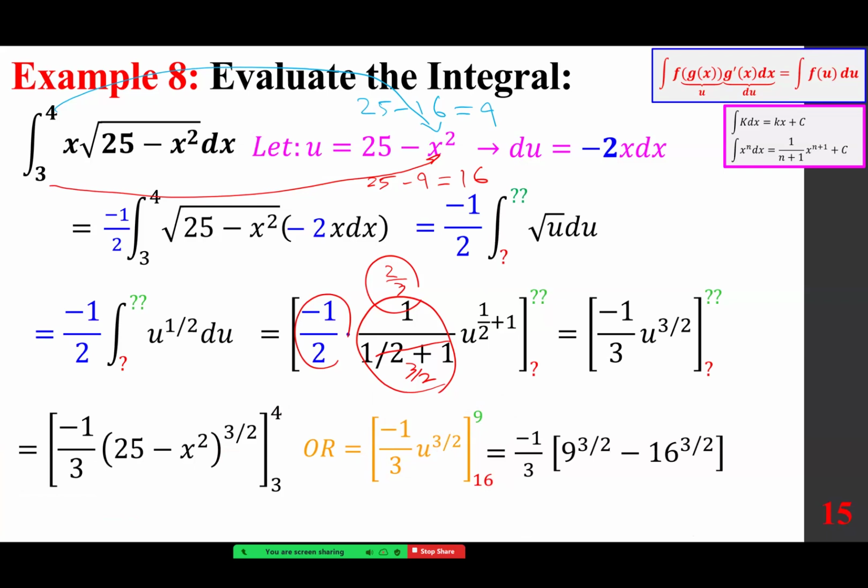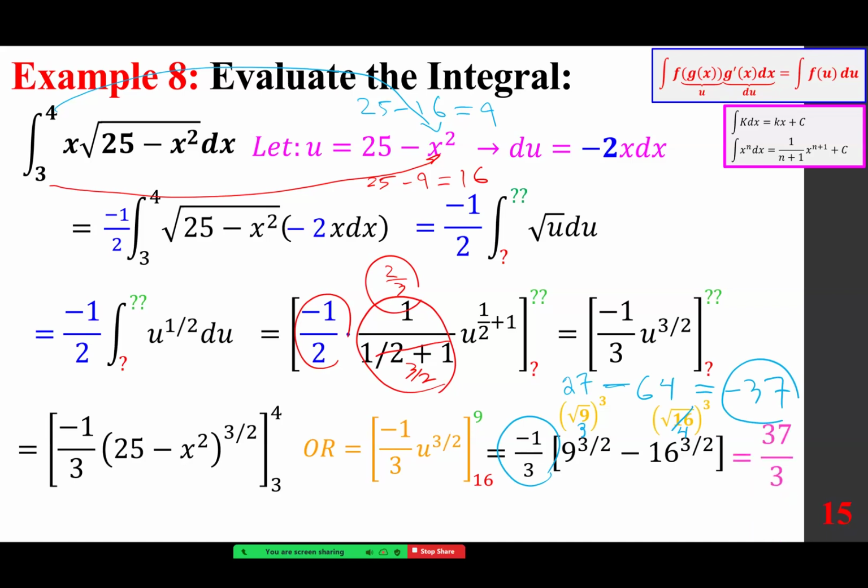And 9 to the power of 3/2 means the square root of 9 cubed, which is 3 cubed, which is 27. 16 to the power of 3/2 means square root of 16 cubed, 4 cubed, 64. So 27 minus 64 is minus 37. The product of these two numbers is positive 37/3.